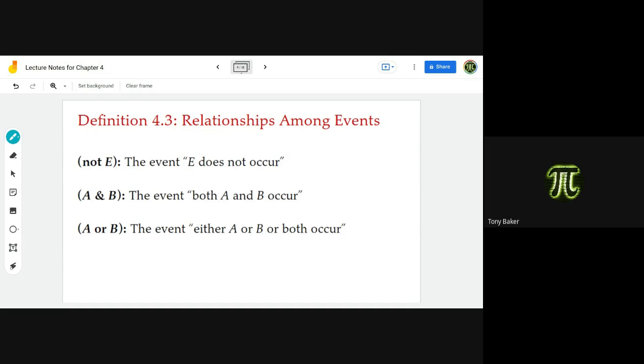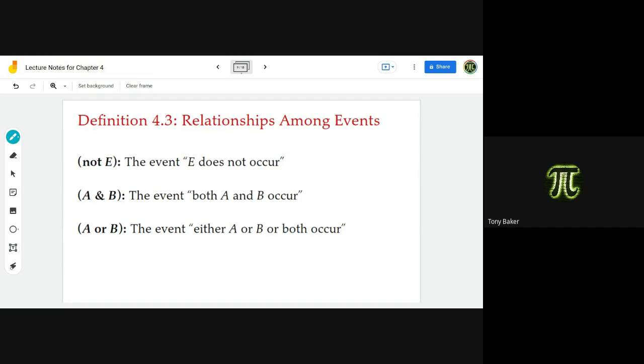I'd have all the diamonds, all the spades, and all the clubs. So not is the exact opposite. If I said not heads, it would be tails. If I said not even, it would be odds.